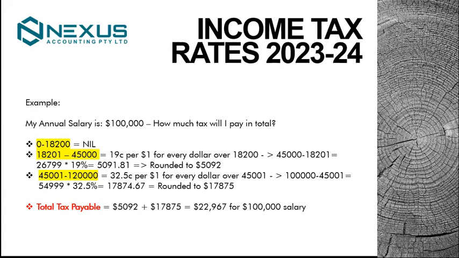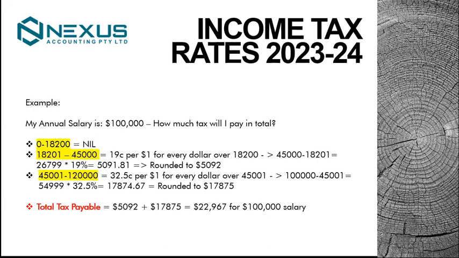And you would repeat exactly the same process for the next step, where you apply the 32.5 cents tax rate for every dollar over and above 45,001. And you will get the rounded number of 17,875. And then, of course, we add them all together.